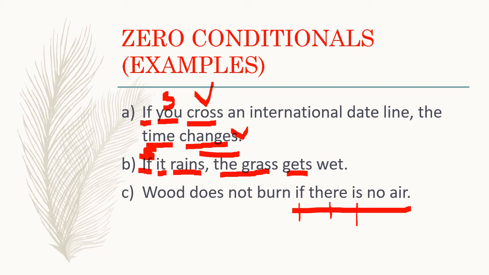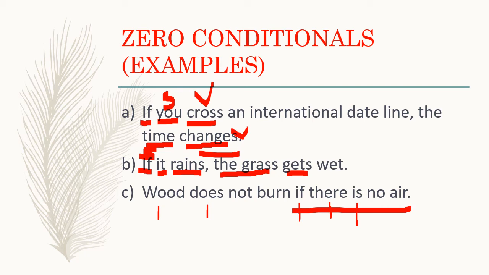the if clause. For the main clause, wood does not burn. So you have the subject wood, and you have the simple present helping verb does. Okay? So in terms of pattern, your example number 3 is exactly a zero conditional. And in terms of function or in terms of meaning or use, that is also a zero conditional because it's true.